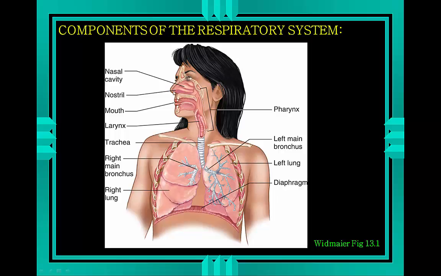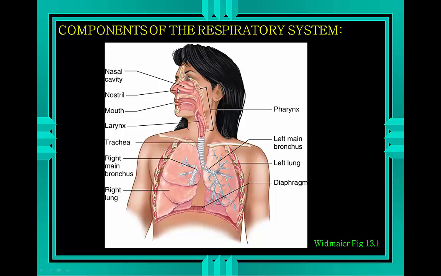As I mentioned previously, air enters the respiratory system through the apertures of the nose called the nostrils, or nares, N-A-R-E-S is the alternate nomenclature. It then moves, as you can see, into the nasal cavity, this region here. The first part of the nasal cavity, as you know, is lined with hairs which aid in the removal of coarse particles, that is dust and pollen, for example.